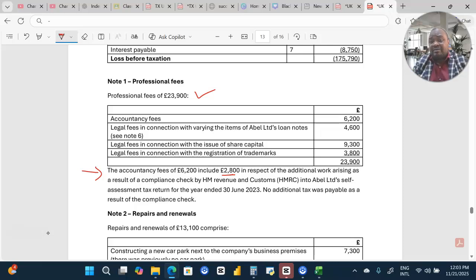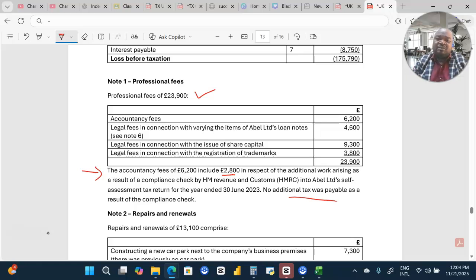So that one is allowable, provided it was just a normal verification. But if it was something in the extreme, something that led to an additional tax being payable, or an investigation into criminality, then the HMRC was not going to allow it.